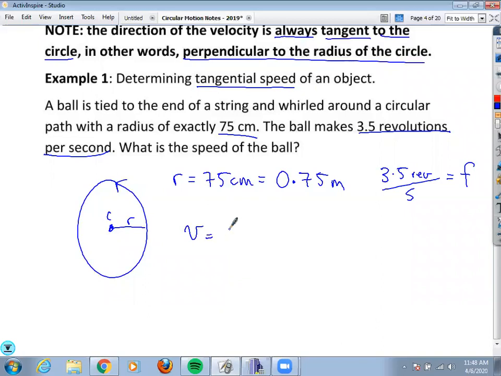The speed of the ball would be equal to 2 pi r multiplied by the frequency. Notice that we're not using 3.14, we're just maintaining pi. So 2 pi times 0.75 meters times 3.5 revolutions per second.